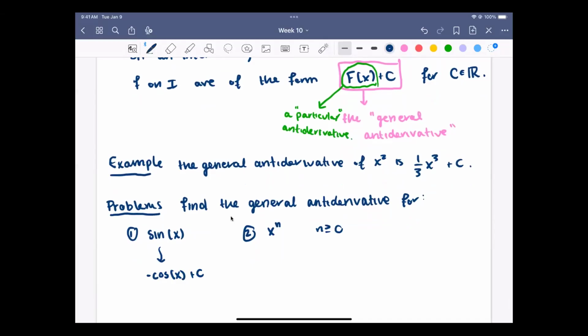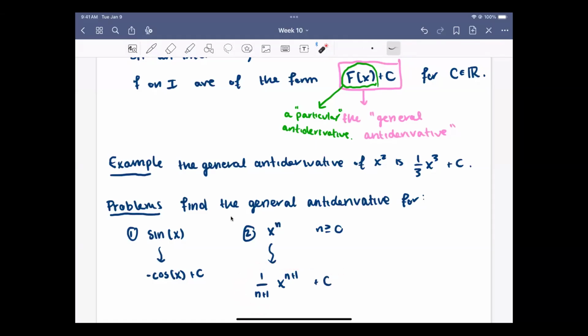What is the general antiderivative for x to the n? Yes. So this is 1 over n plus 1, x to the n plus 1, plus c. Yeah, good. The good thing about this is that you can always check your work, right?